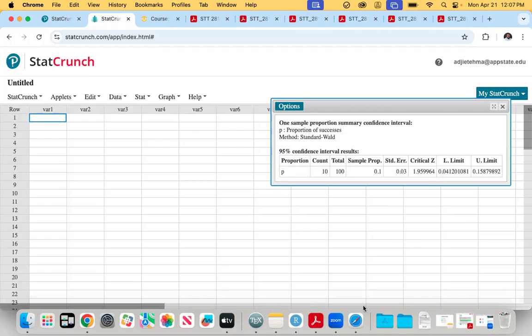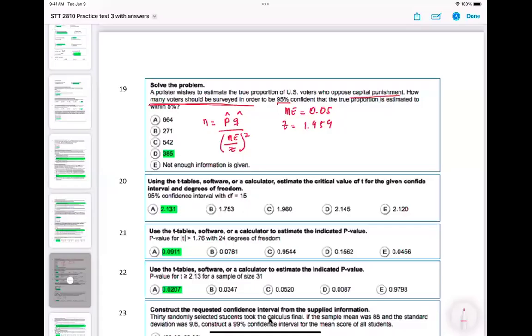Now let's proceed. So you see, the margin of error is 0.05. You can see it's within 5%, and 5% is the same as 0.05. We just got our Z. Now, what is our P hat and Q hat? We don't know from this problem.